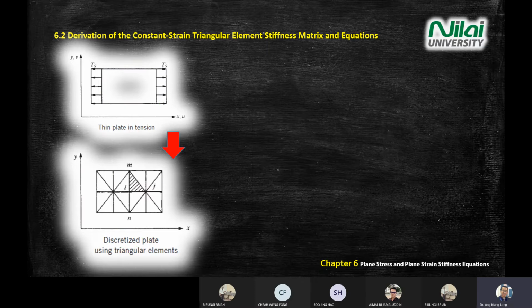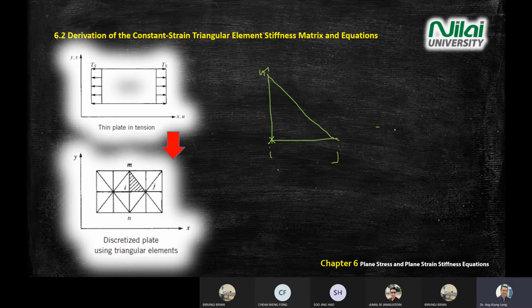There is a notation that comes up: you have N, you have I, you have J and M. What does it mean? Later in the equation that you see, it follows this sequence: I, J, M.